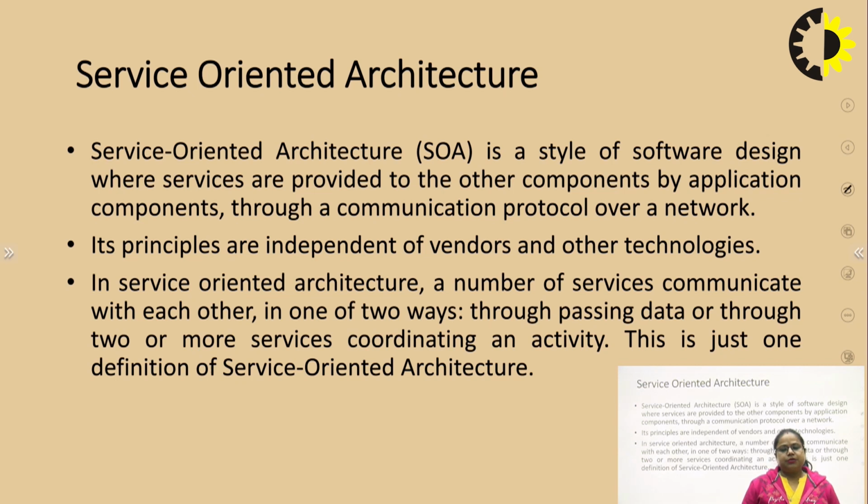When I'm talking about service oriented architecture, a number of services communicate with each other, right? For example, message passing, data passing, and coordination among two activities, and so on. So in SOA, we can provide n number of services so that the two end users can communicate with each other in both directions, right?